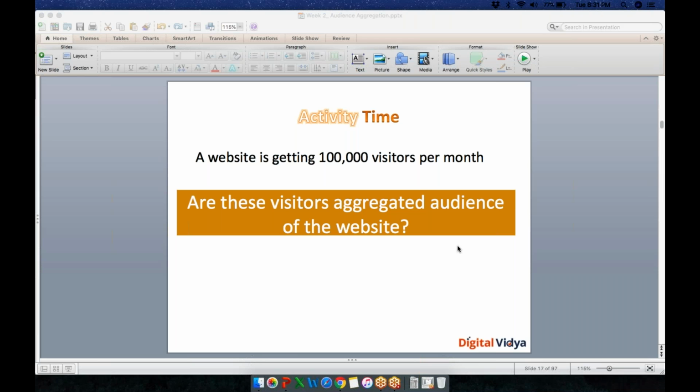Total traffic of the website is not aggregated audience. There is a simpler way to prove why it's a no. The right answer is no, for all those who are thinking yes, or for all those people who've said no. That's the right answer. But let's get the reason behind it, because that's what is going to define if we've understood the concept.